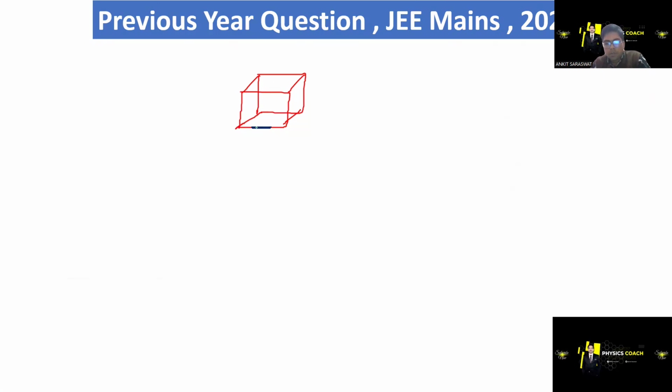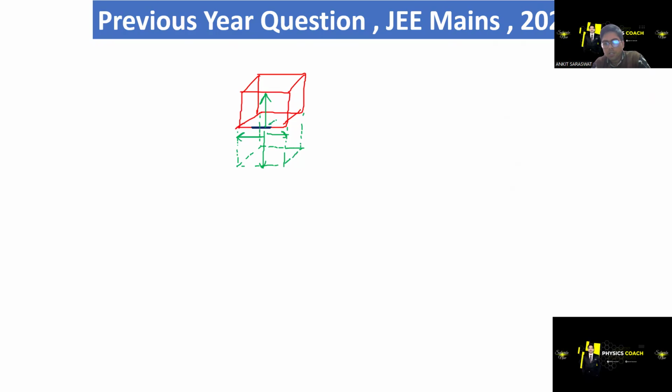Then how will we make the symmetry? If I consider one cube below that, will I get symmetry? You can say there is symmetry on the right, the same distance around this charge, but on the other side there is no symmetry.